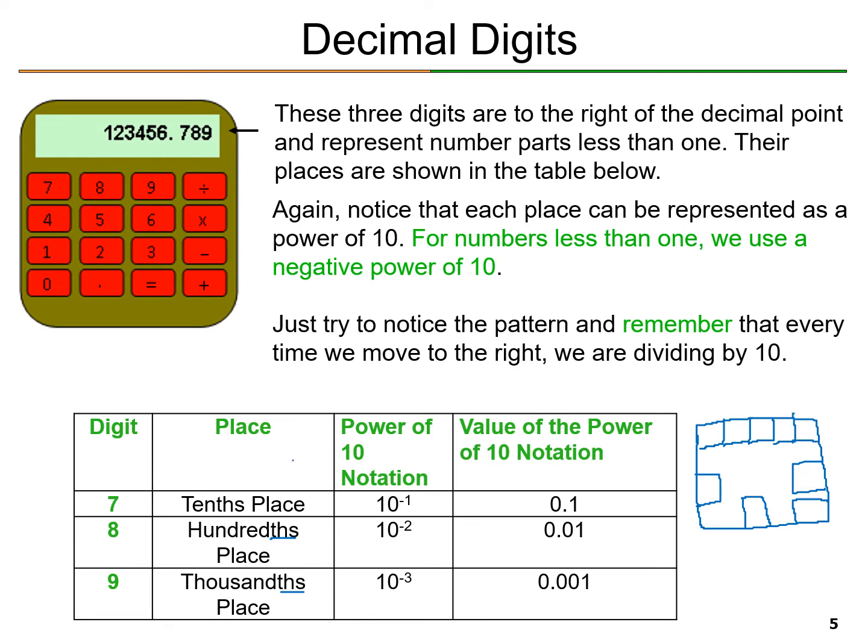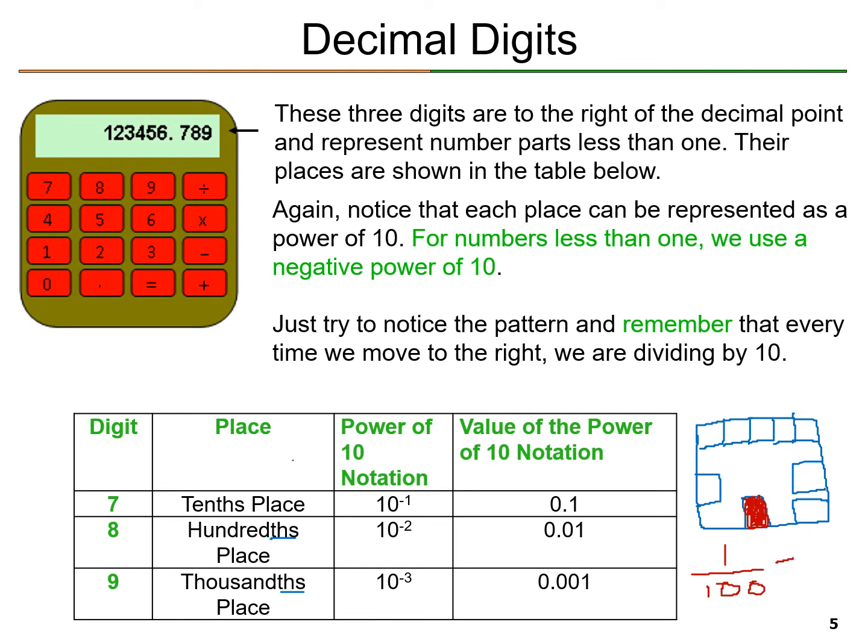Okay, so if I was to select just one of these 100 parts, that is what a hundredth is equal to. 1 out of 100. Select 1 out of 100.